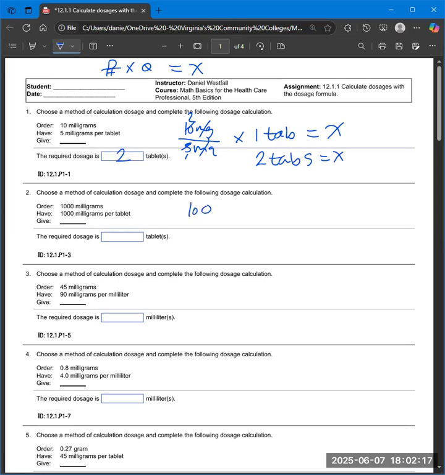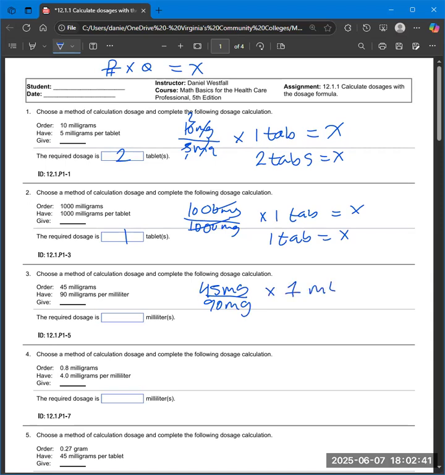Our order is for 1,000 milligrams. On hand, we have 1,000 milligram tablets. So we're going to dispense 1 tablet. 45 milligrams divided by 90 milligrams per 1 milliliter.